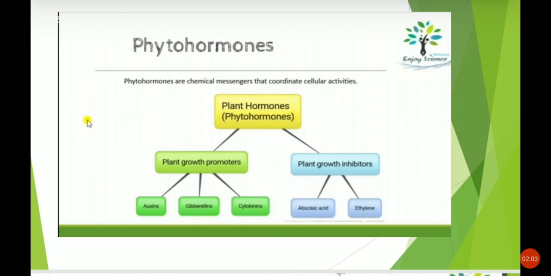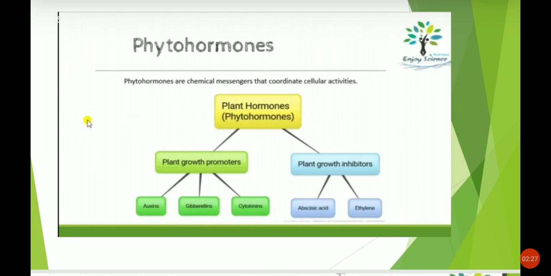Phytohormones are chemical messengers. In plants also, hormones are chemical messengers that coordinate cellular activities. There are two types: plant growth promoters and plant growth inhibitors.